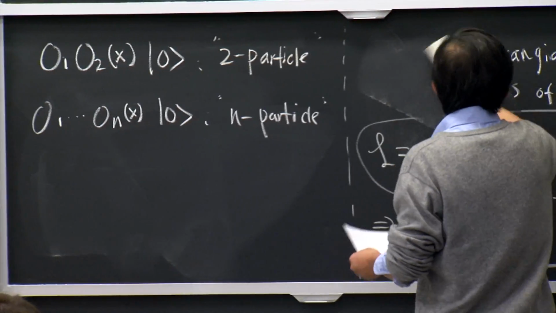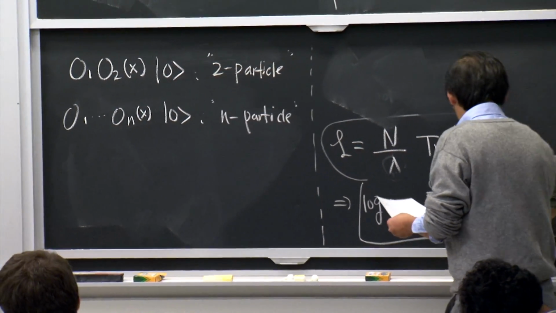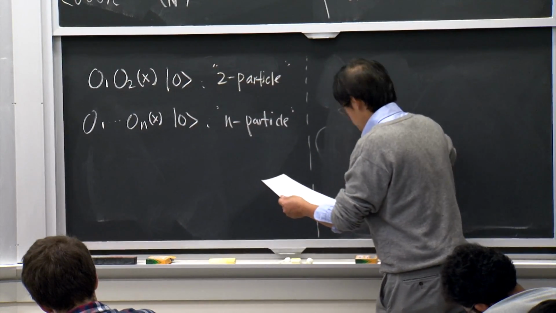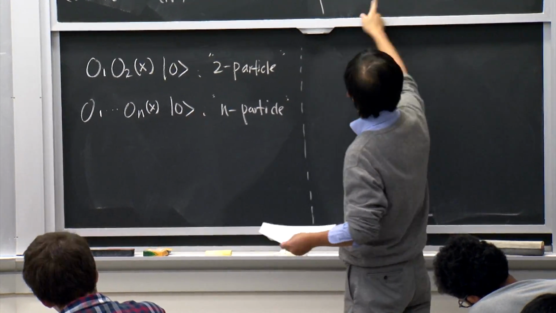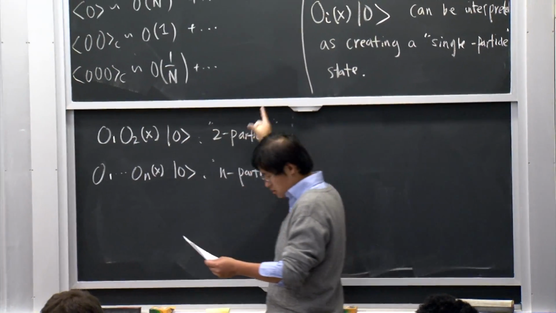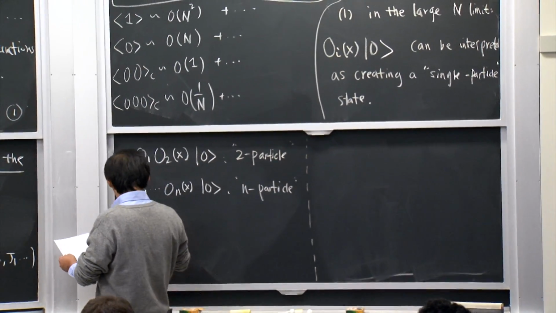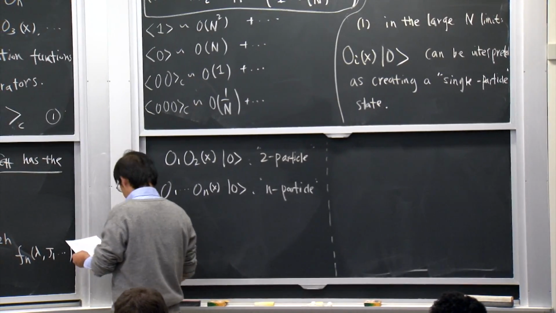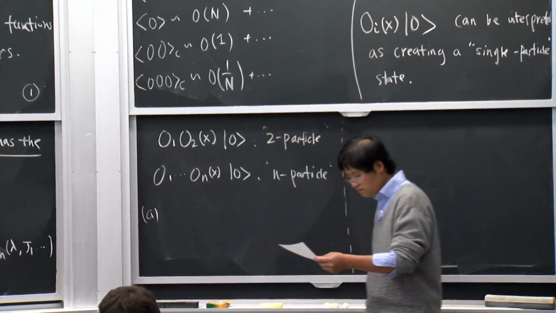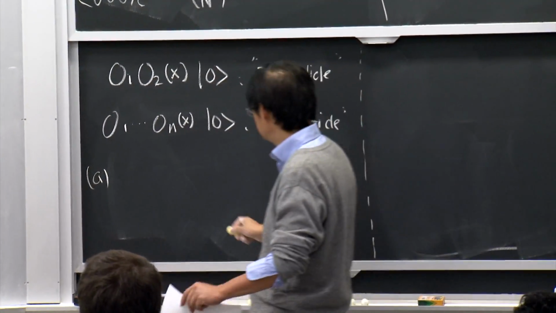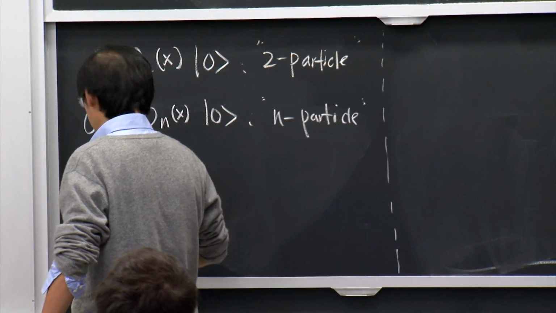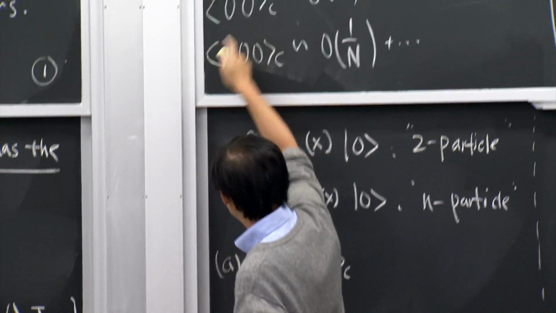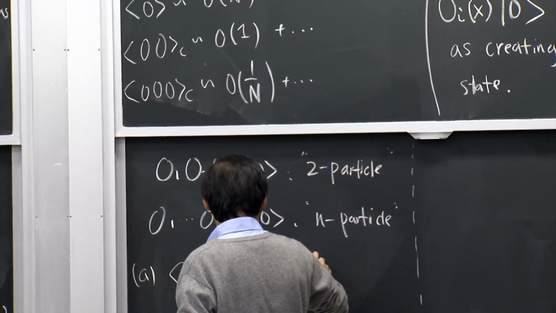Now, why is this so? I will support this statement using 3 arguments. First, remember that the connected Green function of any 2 operators, O_I and O_J, is of order 1.